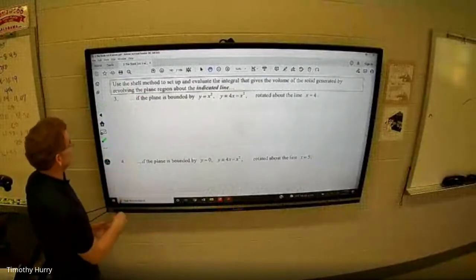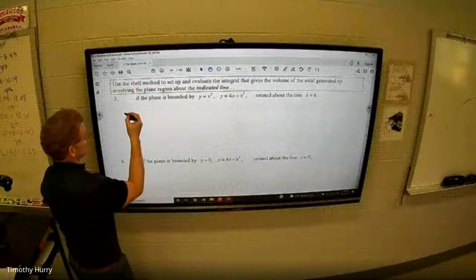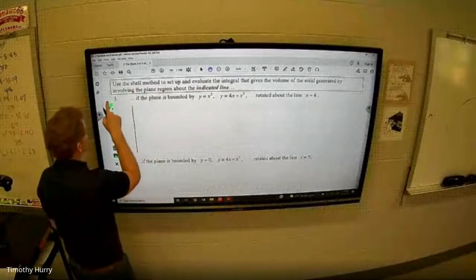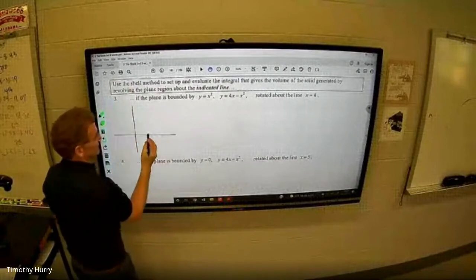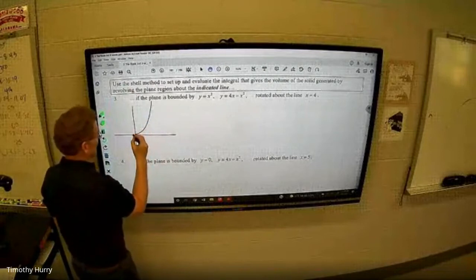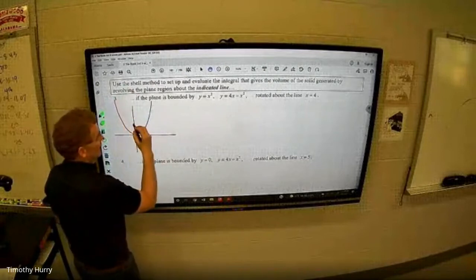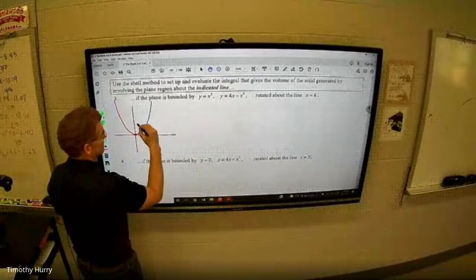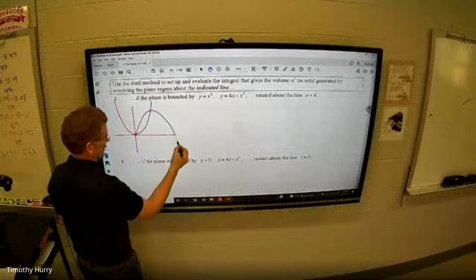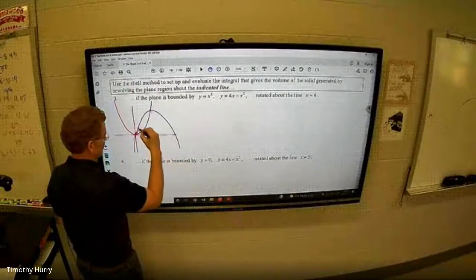I'm going to sketch this out real quickly. I think Christian's got it. I've got y equals x squared looking something like that. I got y equals 4x minus x squared looking something like that. Here is my region.